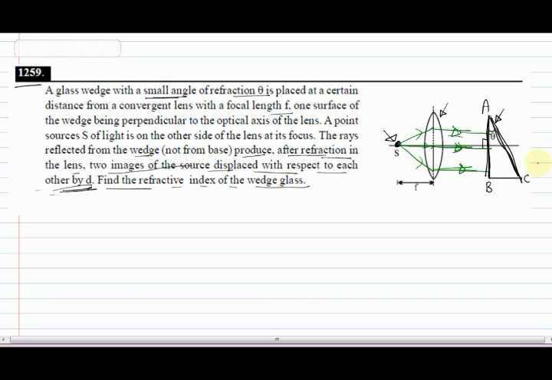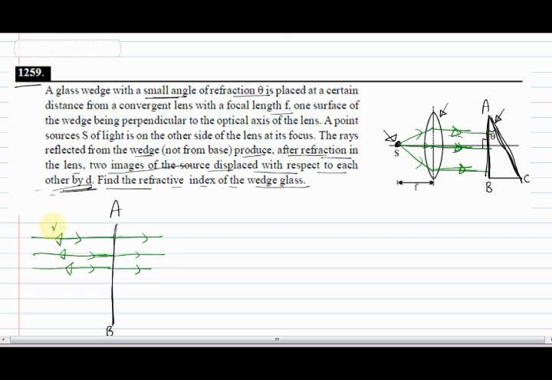Okay, let's proceed. First we will discuss the image created by the reflected light rays from the face AB. Let's assume this is the face AB of the prism. The incident light rays on the face AB are perpendicular to the surface. So these light rays will be just reflected back and also refracted. Whenever light rays strike a glass surface, some part of the energy is refracted and some part of the energy is reflected.